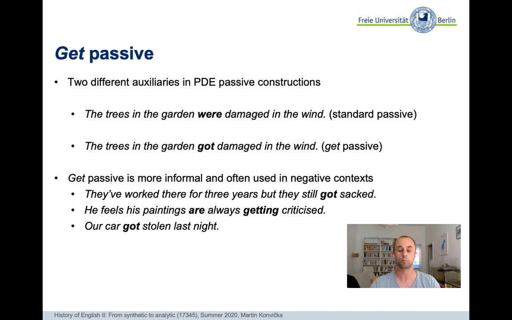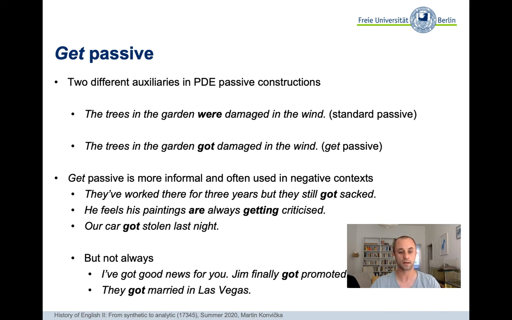Things like that. But it's not exclusively a negatively connotated construction. We would also have things like "I've got good news for you," "Jim finally got promoted," or "they got married in Las Vegas," and so forth.